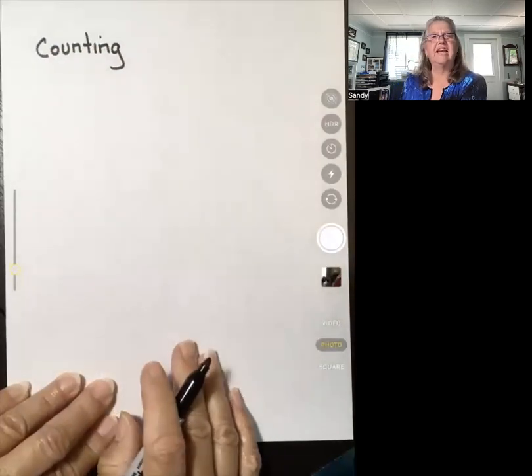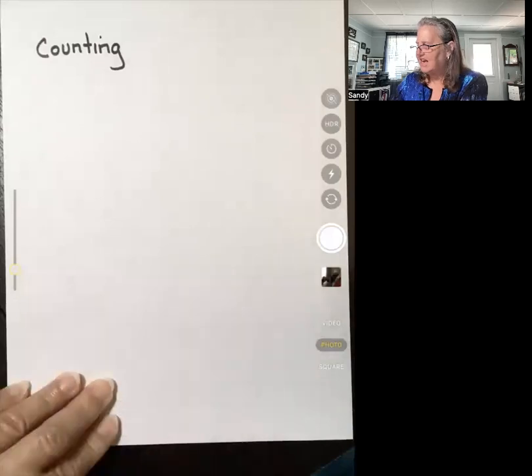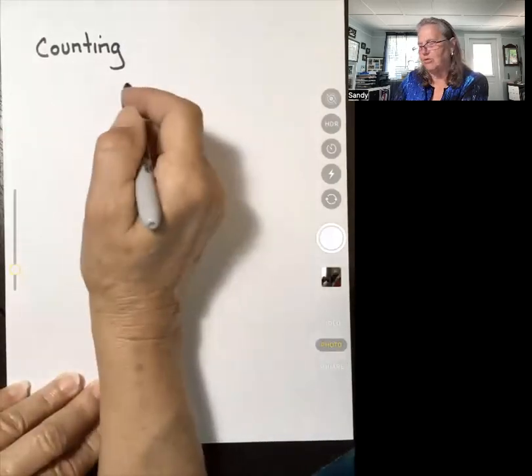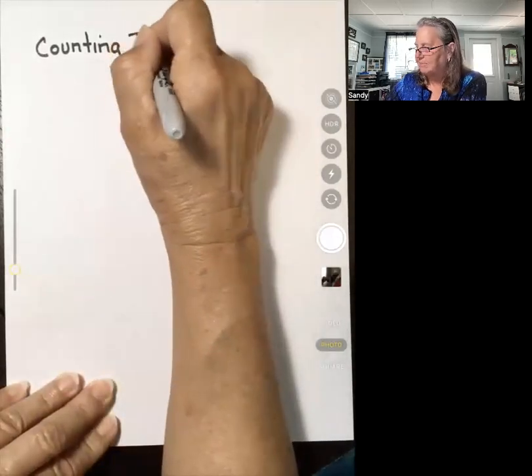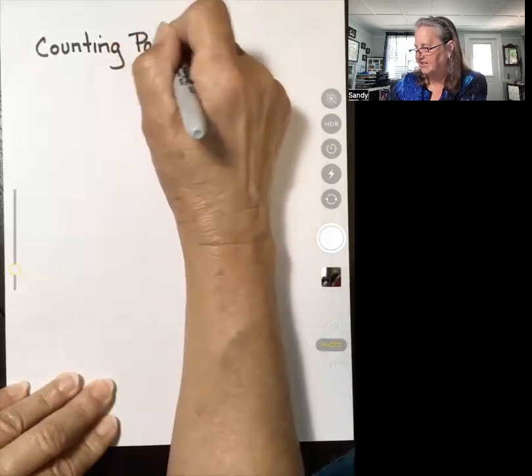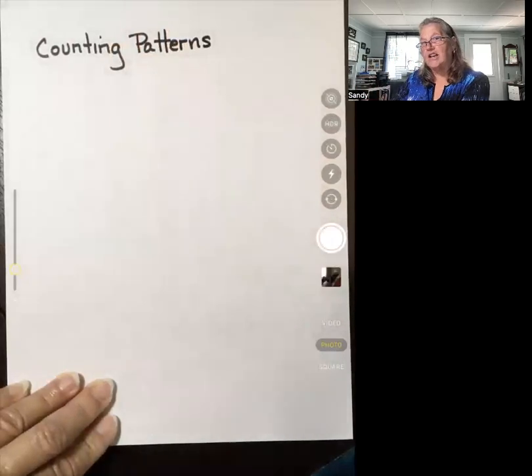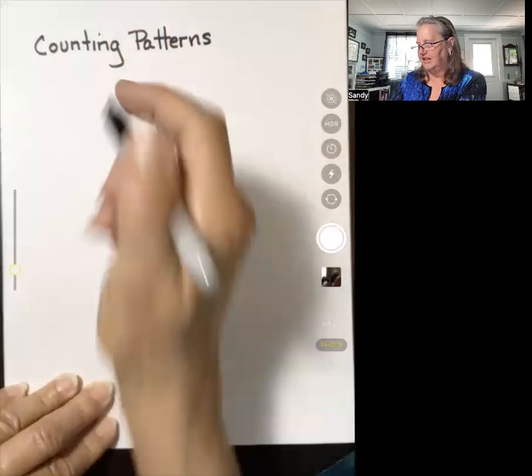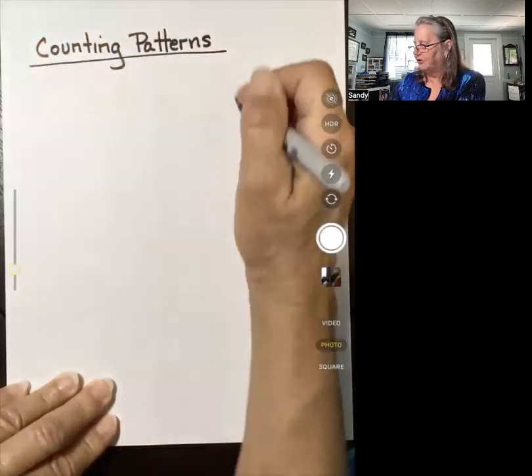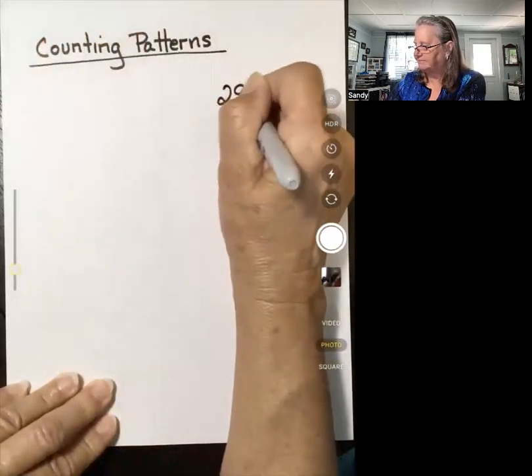And you're like, but my child can count to 100. It's not about saying those number words in order. It's about the patterns that occur with counting. See, to count on, for me, you want them to count on 1, 2, or 3. And it's really helpful for a problem like this.